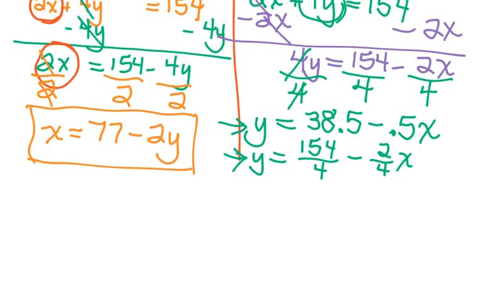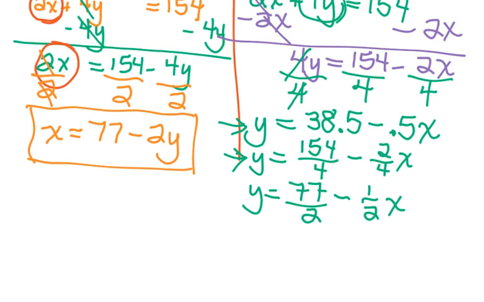I can go ahead and simplify 154 over 4 by dividing the top and the bottom by 2. Therefore, I get another equivalent equation of 77 over 2, and I know that 2 over 4 can be simplified to be 1/2 x.